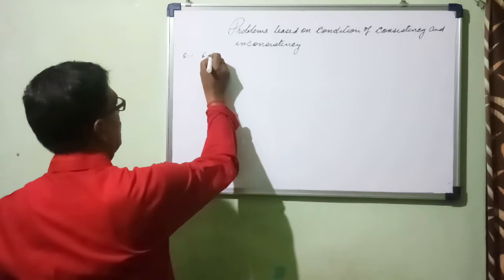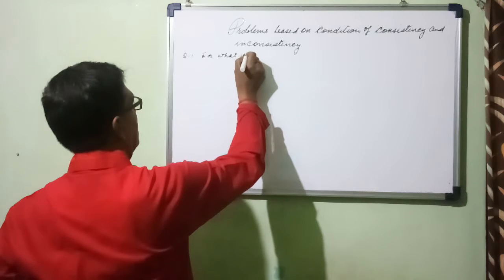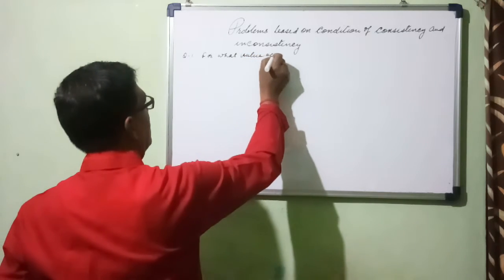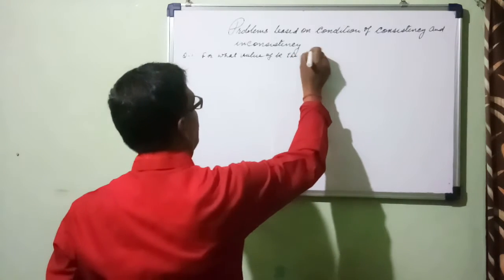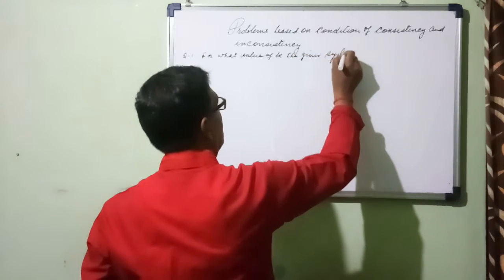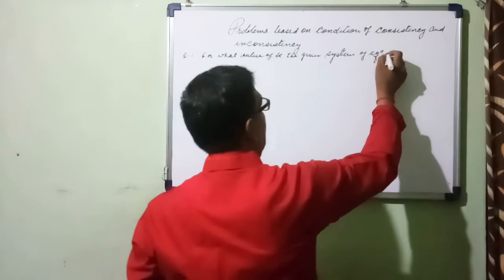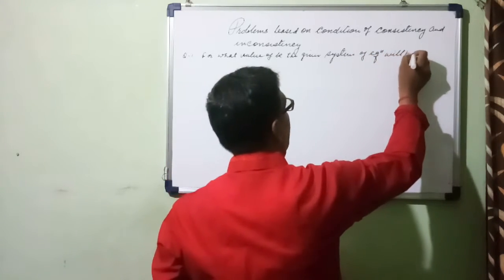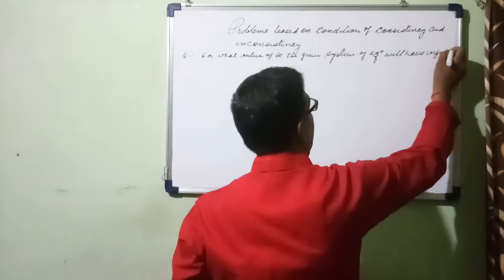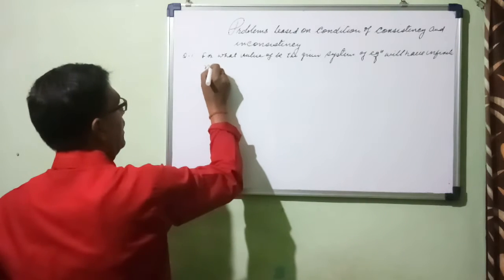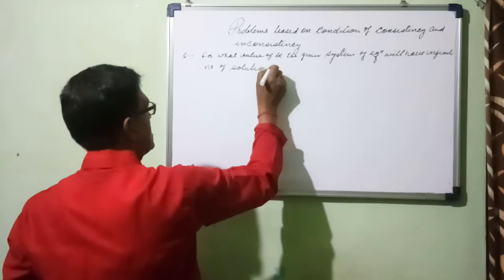For what value of k will the given system of equations have an infinite number of solutions?